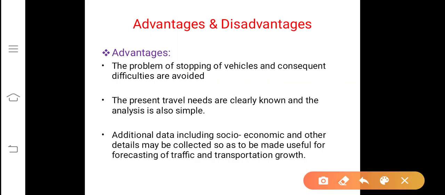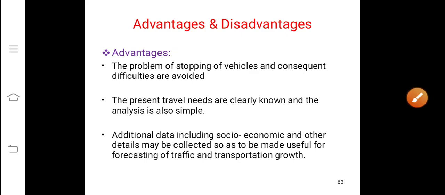This figure shows the home interview method, how a trained person has come to the residence and is asking the householders the pre-prepared questionnaire.